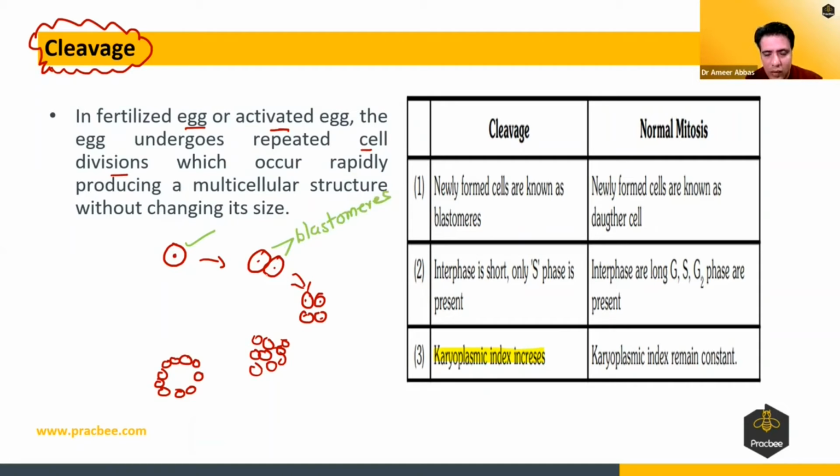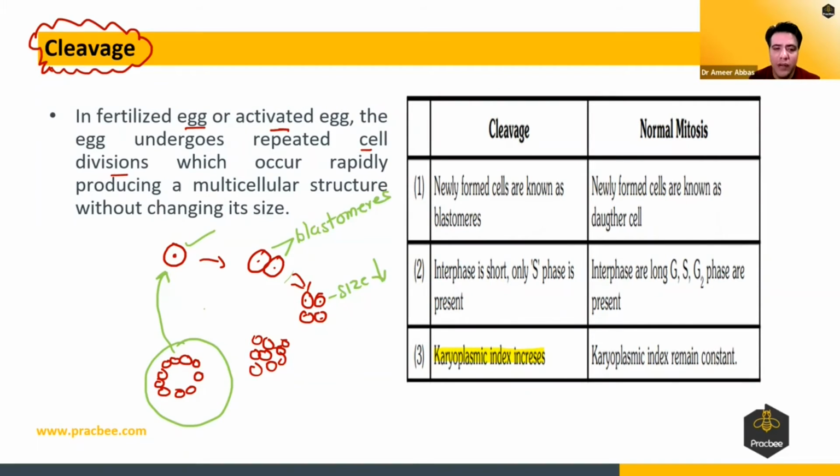Now, as these cells start dividing, the mass of blastomeres will remain equal, but the size will decrease and the number will increase. The total size of the blastomeres will be equal to the size of the zygote.